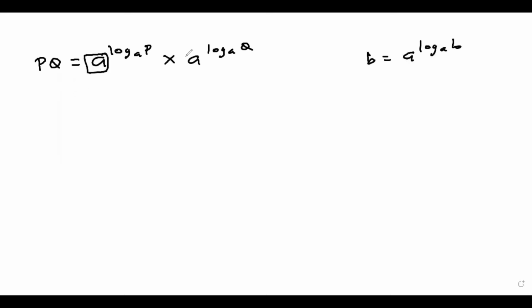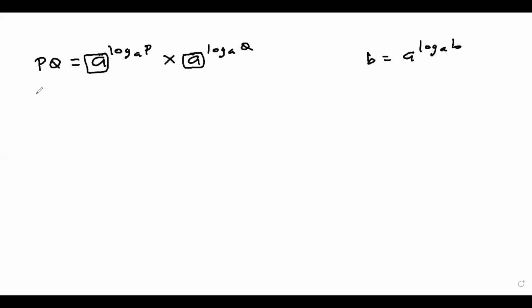Now p times q, which is pq, would be equal to a to the log base a of p times a to the log base a of q, based on what we did a while ago with b being equal to a to the log base a of b. Now, because we are multiplying the same bases, we must add the powers.